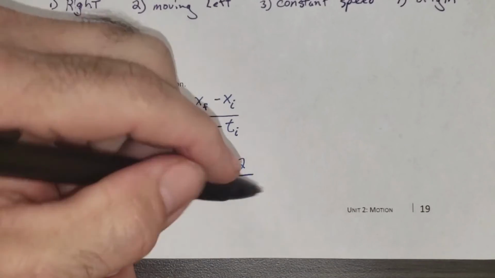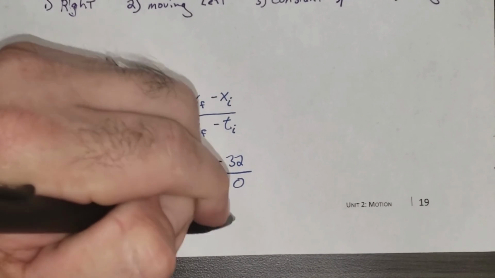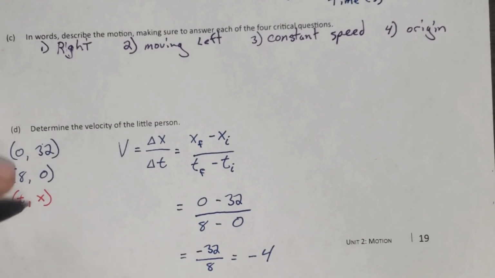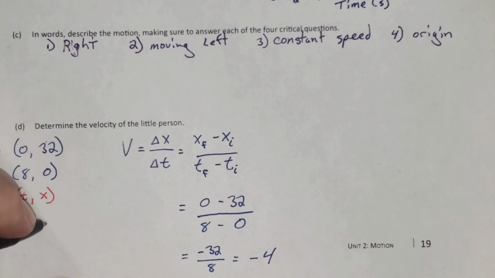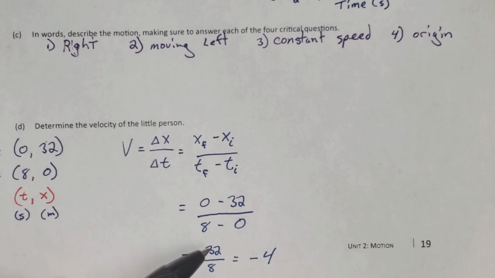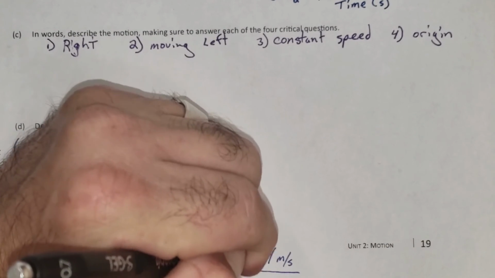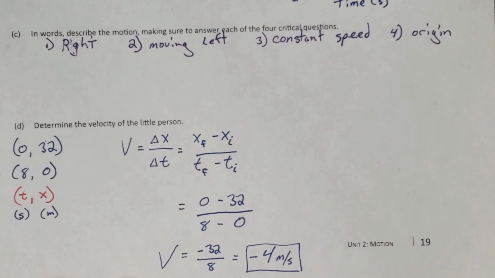So we end up with negative 32 over 8, which reduces to negative 4. Now, since time is measured in seconds and position is measured in meters, we have meters over seconds. So we have negative 4 meters per second. And that is our velocity.